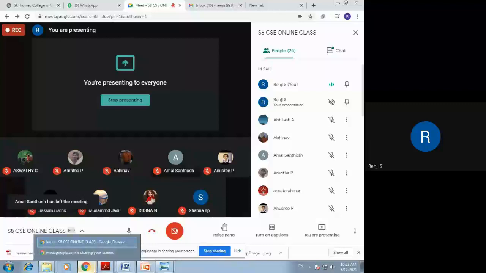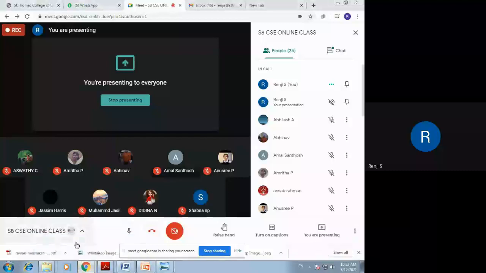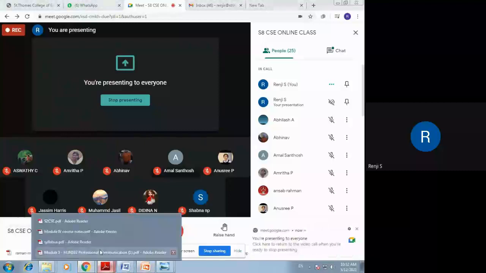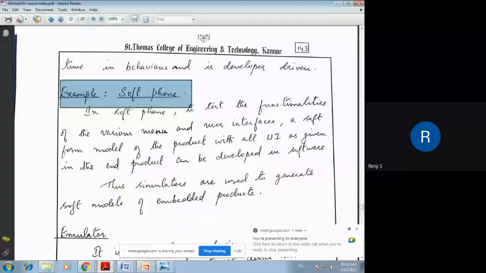Initially there were Nokia soft phones, and these simulators were used for doing projects. Even now, I have seen students downloading these simulators for doing Android apps. The softphone is used to test the functionalities of the various menus and the user interface.